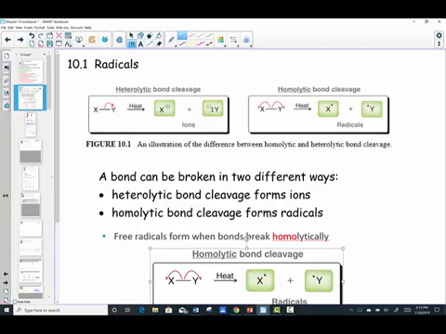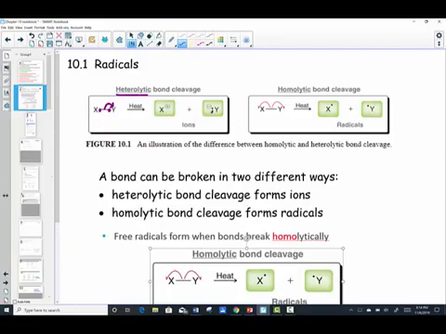We learned when we first met in this course that we can have either a heterolytic bond cleavage or a homolytic bond cleavage. Let's remember that this is a single covalent bond, which means it's a shared pair of electrons. In a heterolytic bond cleavage, the electrons involved in the single bond are taken by one of the atoms, leaving the other without any.